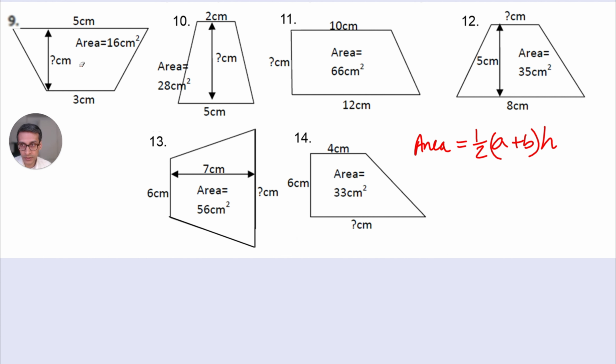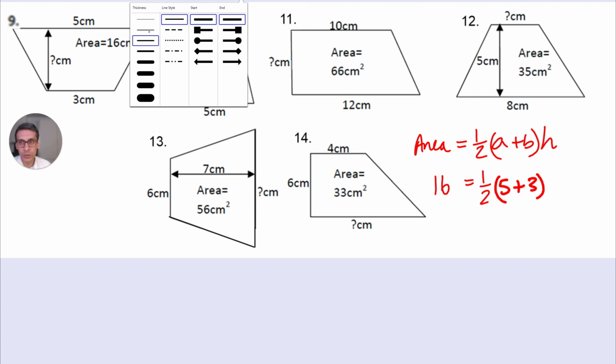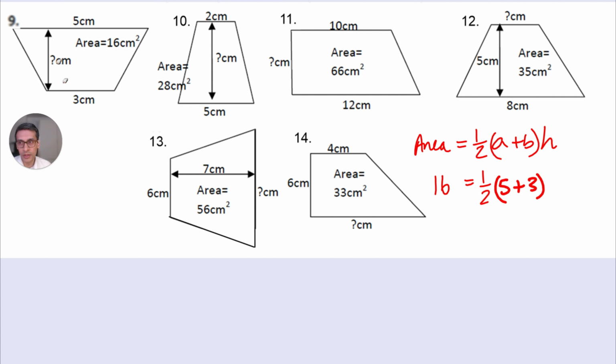And then the area is given to us, so we're going to just substitute all the values that we know. Area is 16, half is just going to stay as a half. A plus b is going to be 5 plus 3. And then h, the distance between the two sides, is the unknown. So there's a question mark there. We're just going to keep it called h.